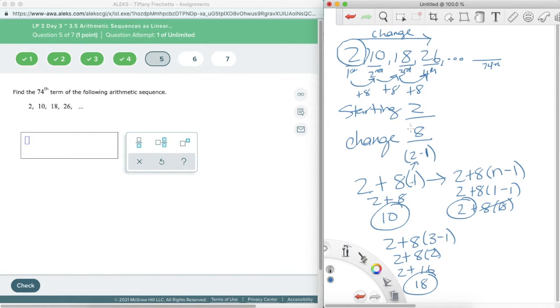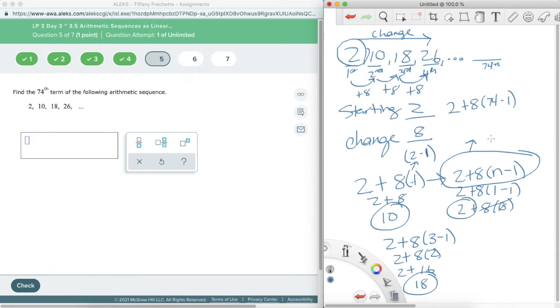So now we can go ahead and use this same pattern, this equation here, on the whole sequence itself to find the 74th term. So I'm just going to come up here. I know I'm running out of room. I'm writing a little sloppy here. We have 2 plus 8 times the term number minus 1.